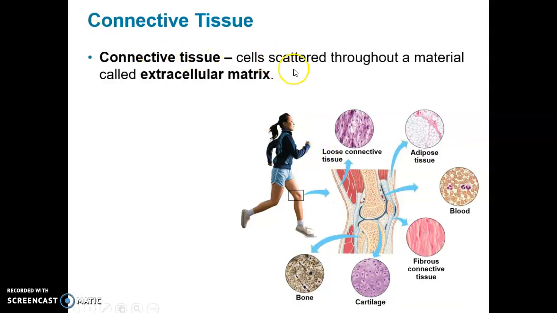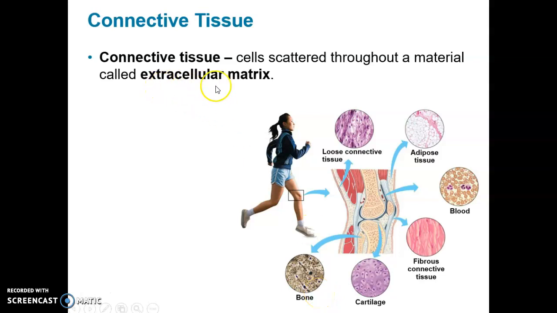So in connective tissue, the cells are scattered throughout a material that surrounds the cells, called the extracellular matrix. That's very characteristic of connective tissue. So you have cells surrounded by extracellular matrix. If the extracellular matrix is really hard and solid, you have bone connective tissue.